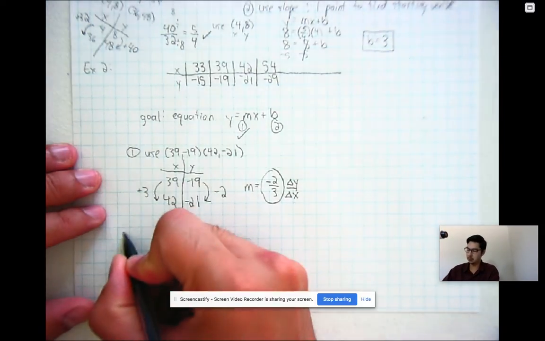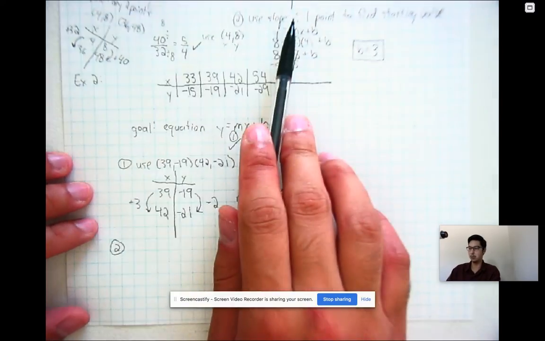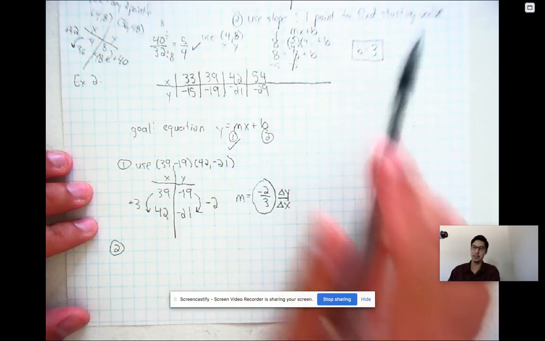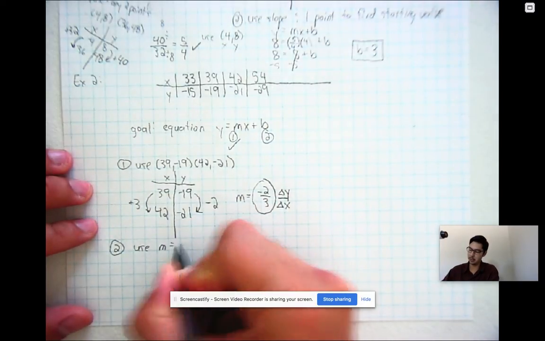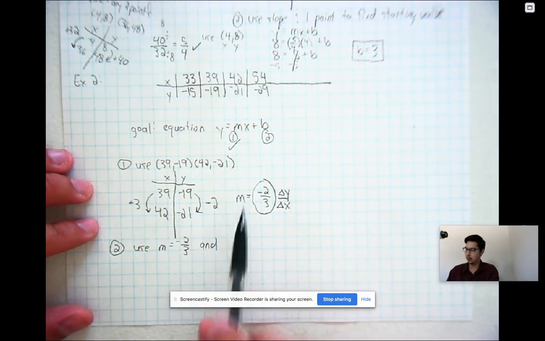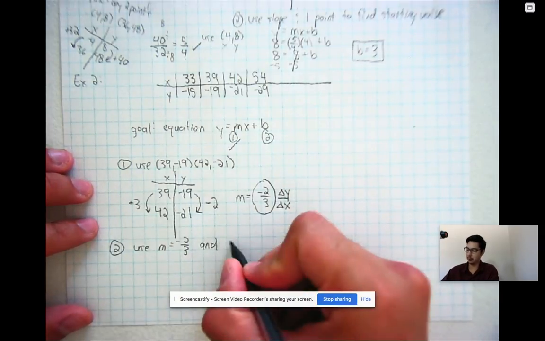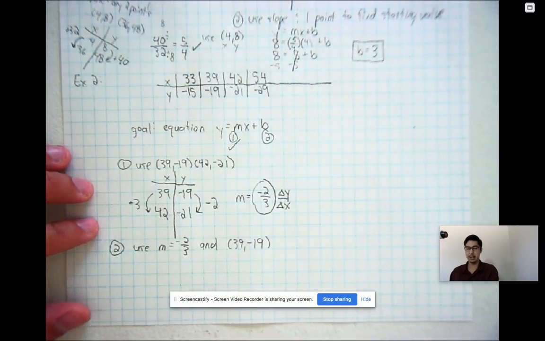Step 2, how do we get the starting value? Again, you use a slope and a point to find a starting value, like we did in the chick problem. So we're going to use m equals negative 2 over 3, and I'm going to pick a point. Let's just use the first one, 39, negative 19, and we're going to use algebra to solve this.